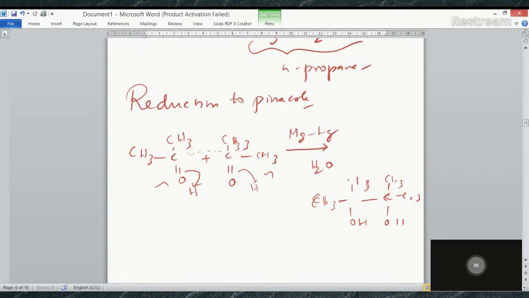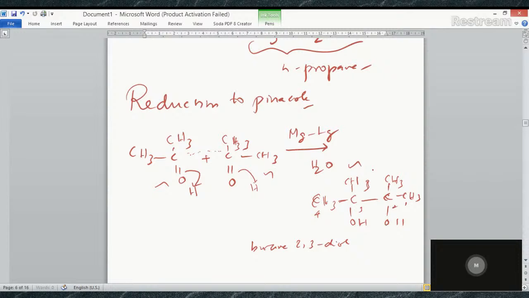How many carbon atoms are present in the longest linear chain? That you should find: 1, 2, 3, 4 carbons. As there are 4 carbon atoms in the linear chain, you can call it butane, in which carbons 2 and 3 have the alcoholic group, so 2,3-diol.